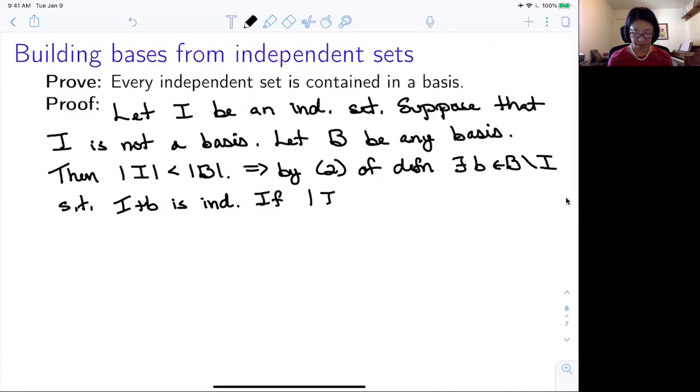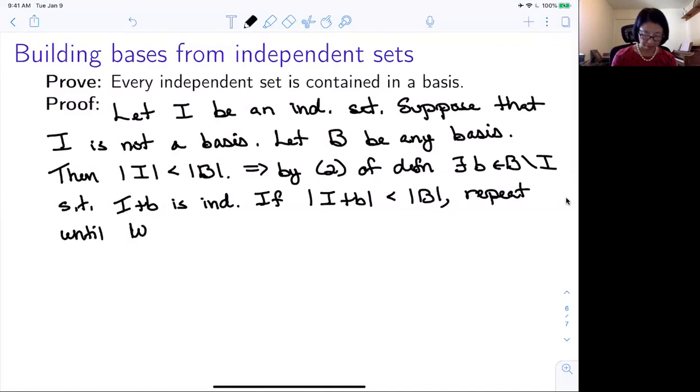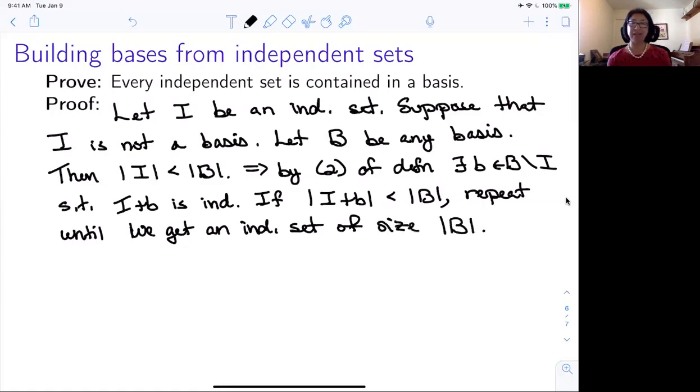If the cardinality of I plus b is still less than the cardinality of B, repeat this, find another element of capital B that's not in I plus b that gives an independent set, until we get an independent set of size capital B, and it contains I, so then we're done. That set would have to be a basis. Okay, all done.